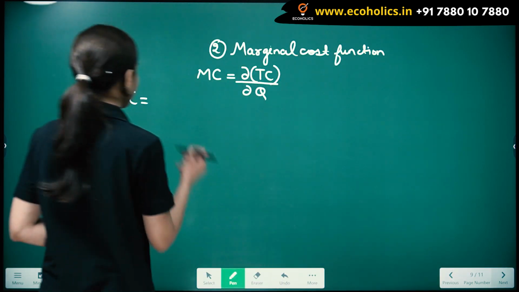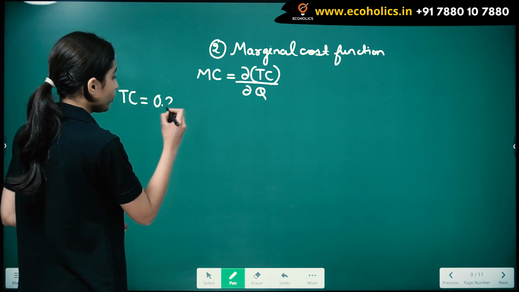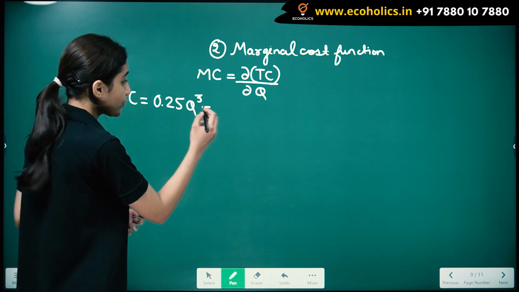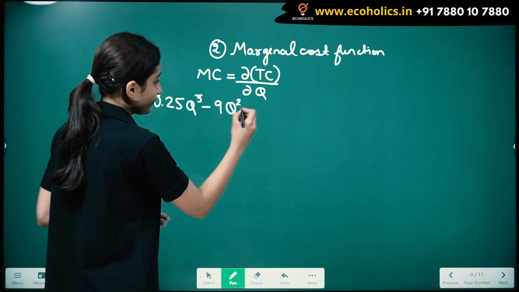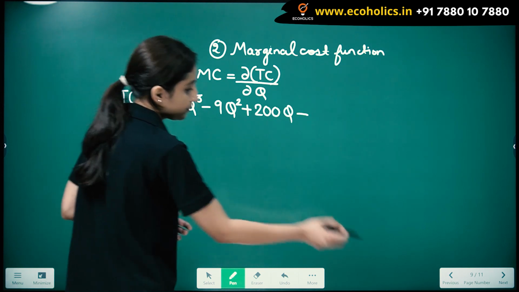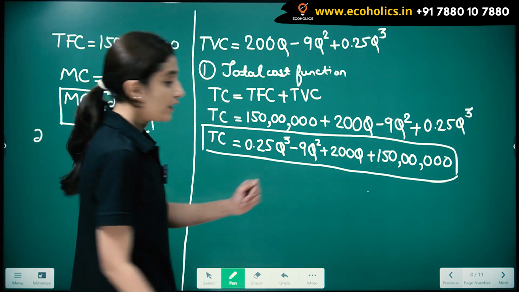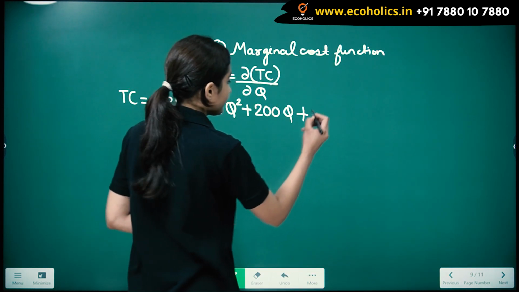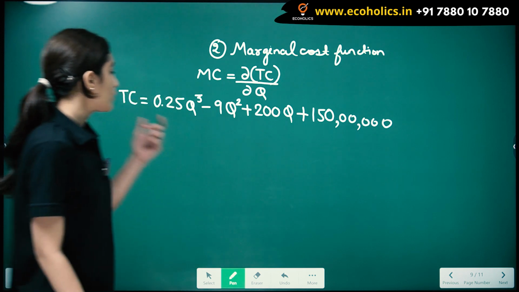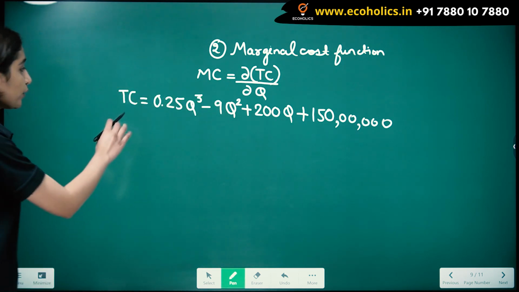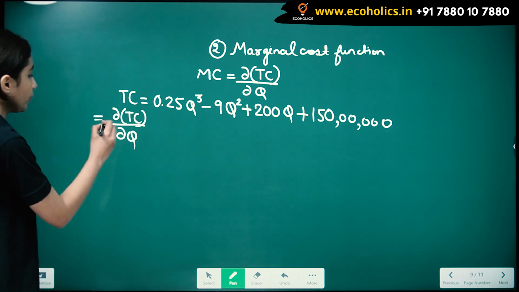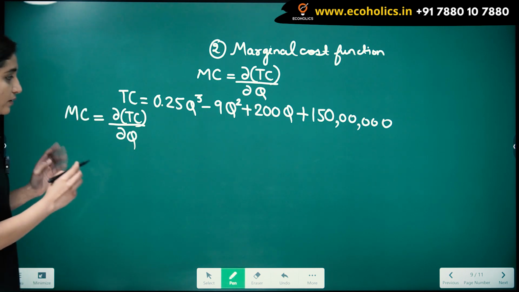So we'll write this over here. Now we need to differentiate it with respect to Q, and this gives us marginal cost.